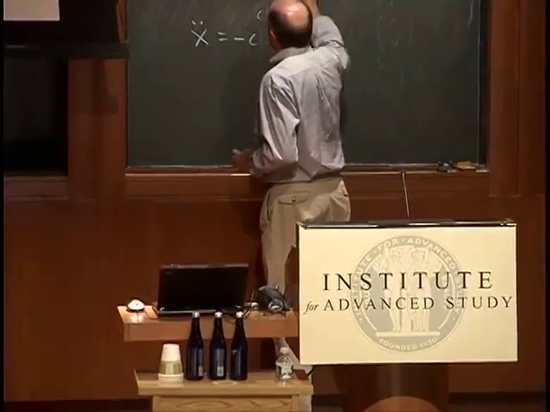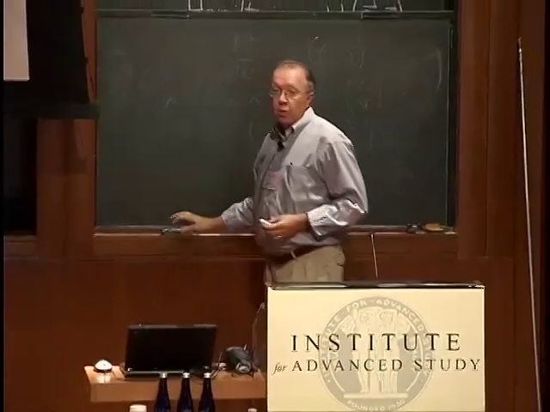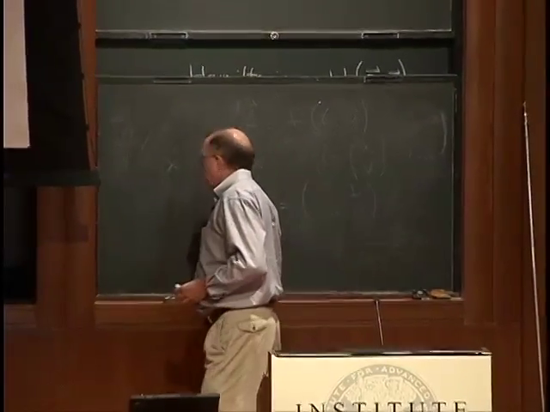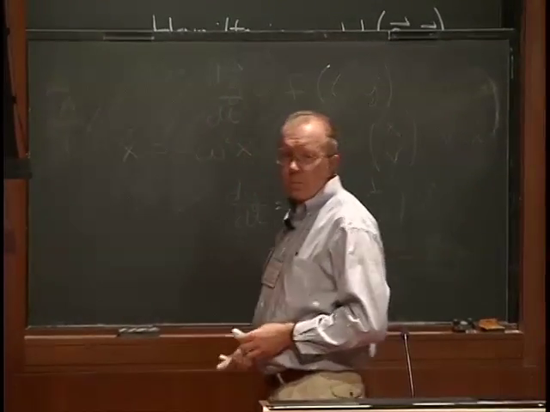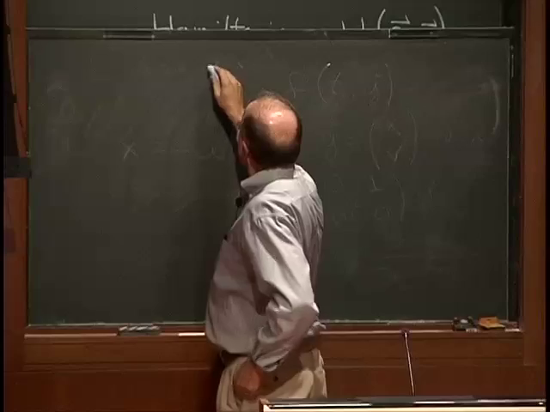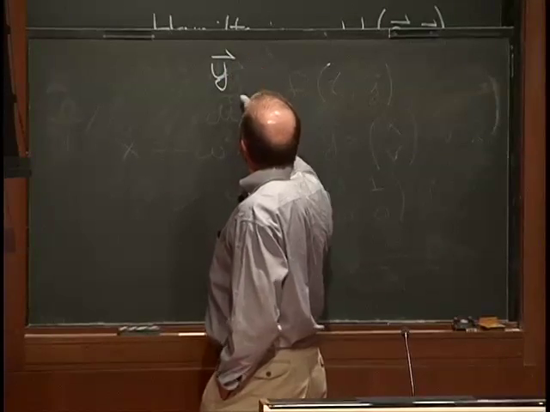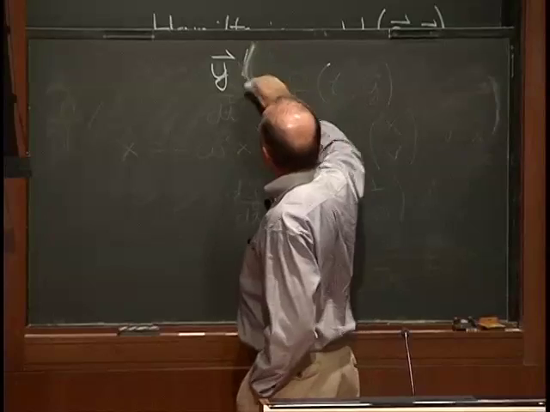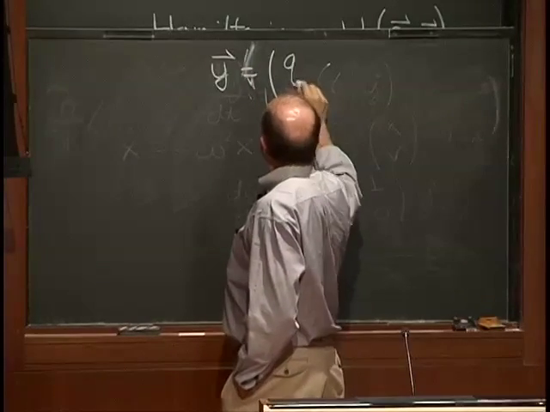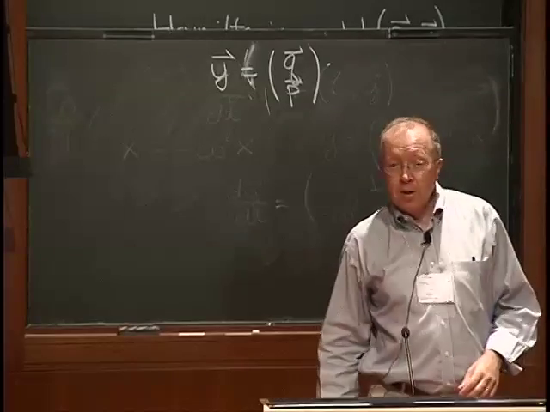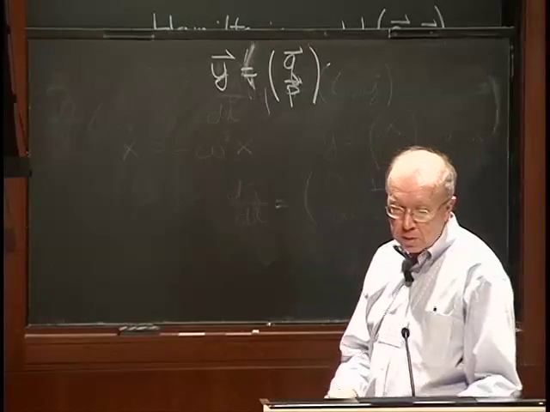So mathematically, what Liouville's theorem says is that if I have some flow, so first of all, I'll define y to be the vector in phase space consisting of the coordinate and the momentum.